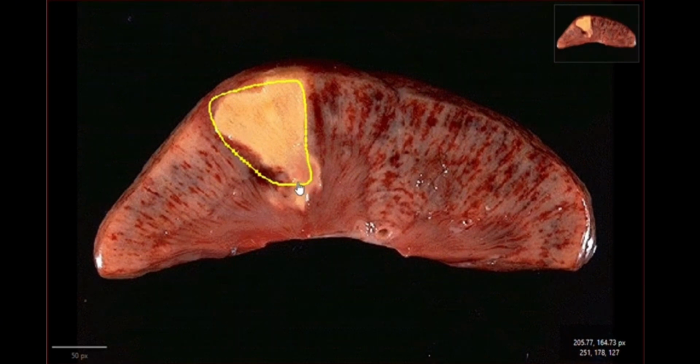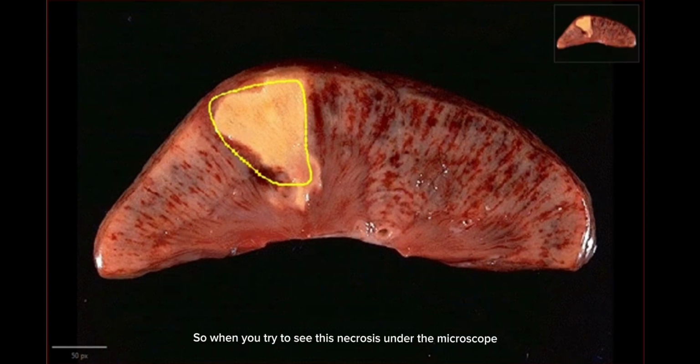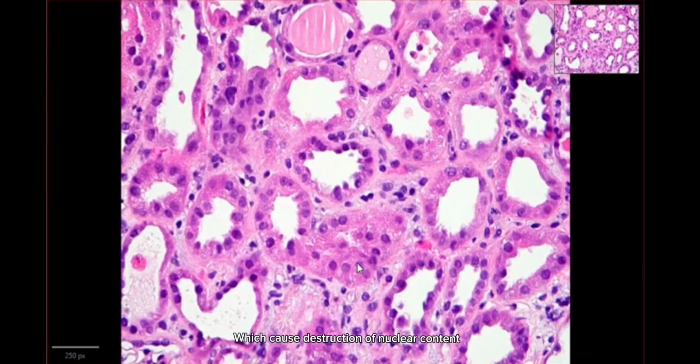or necrosis. When you try to see this necrosis under the microscope, there is loss of the cellular content. Similarly, in the nucleus, endonucleases cause destruction of the nuclear content. So there is more eosinophilia, that is more of the pinkish color, on microscopy.